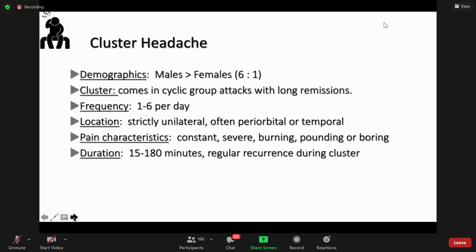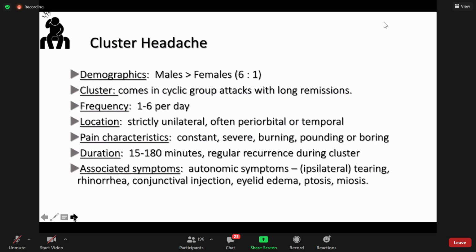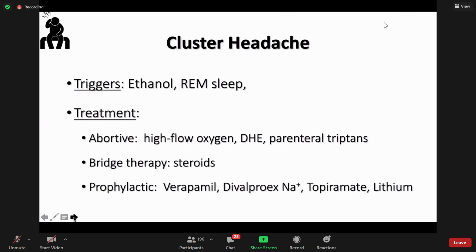As I mentioned, duration is from 15 to 180 minutes, and associated with ipsilateral tearing, rhinorrhea, conjunctival injection. It may be triggered by drinking alcohol or during REM sleep. That's why the patients may wake up from the headache during REM sleep, which is regulated in the periaqueductal gray, and then the periaqueductal gray sends impulses to the posterior hypothalamus and triggers the headache.